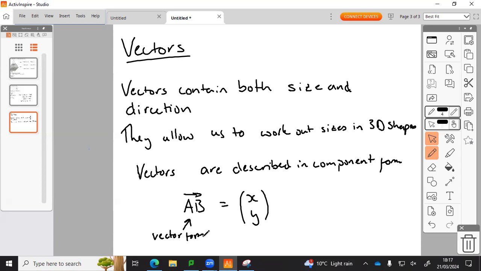That's telling me how far and in what direction I'm going. All right, so I'm going from position A to position B. A and B are just letters telling me which point to which point I'm going to. So we'll use multiple different letters there, C, D, E, F, whatever it is. It's your start point and your finish point. So it's just describing 2 points.